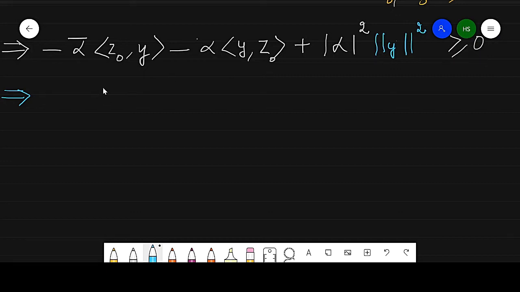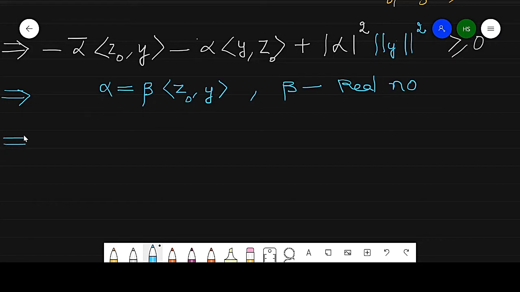So I put alpha equal to beta into z0 comma y, where beta is some real number. It is not a complex number. So I write the complex number as a multiplication of a real number and this factor. If I write this value, what do we get?